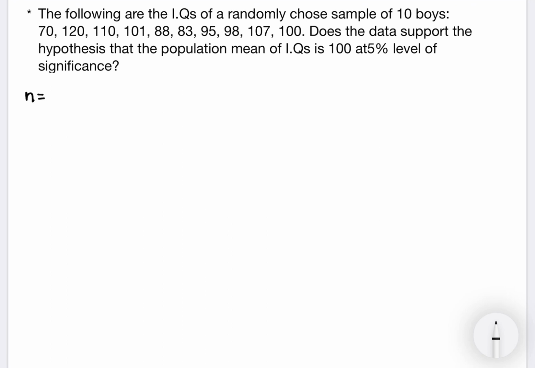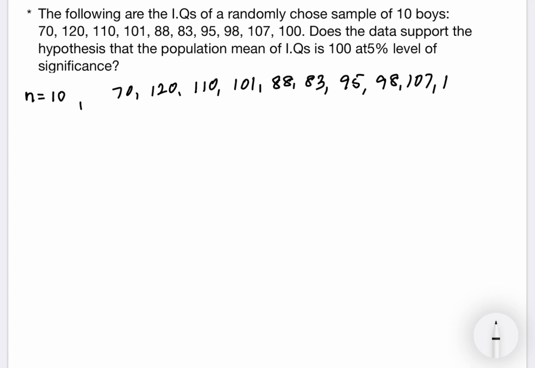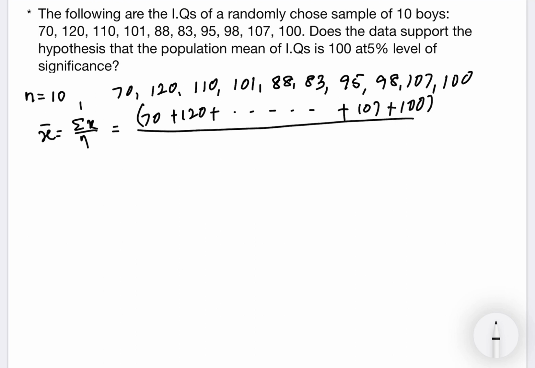So n is 10, and the IQs x are given. So the x values are 70, 120, 110, 101, 88, 83, 95, 98, 107 and 100. So x bar is summation x over n, which is 70 plus 120 plus and so on up to 107 plus 100 over n, where n is 10, and it is found to be equal to 97.2.